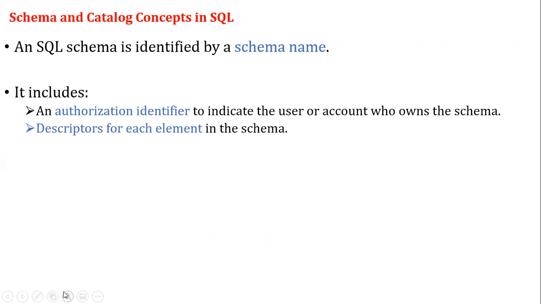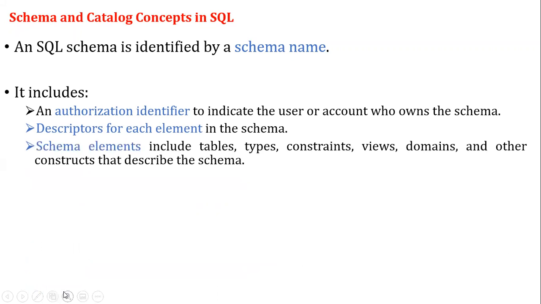Then we can specify the description of each element of the schema. Which tables do we need to define in that particular schema, what are the data types for each table's content, what constraints we need to specify, do we need to create any views, what domain values can we enter.